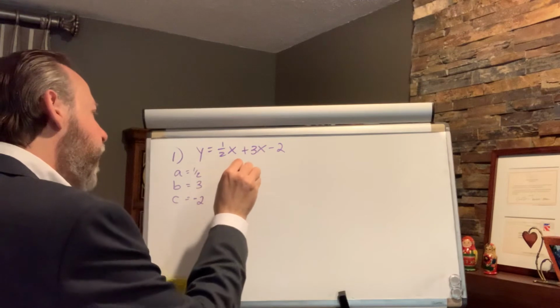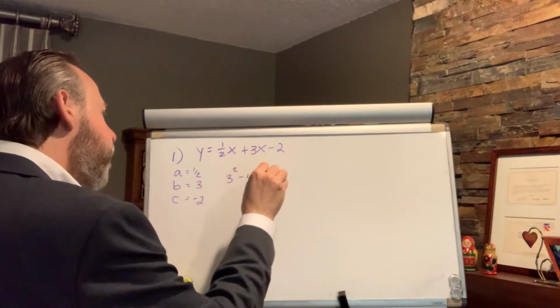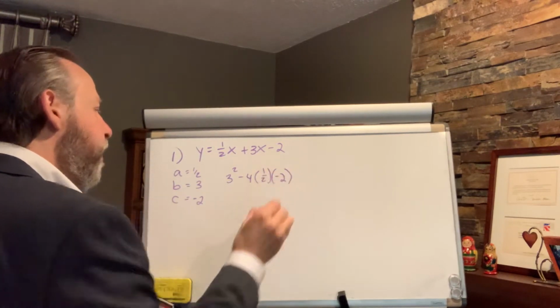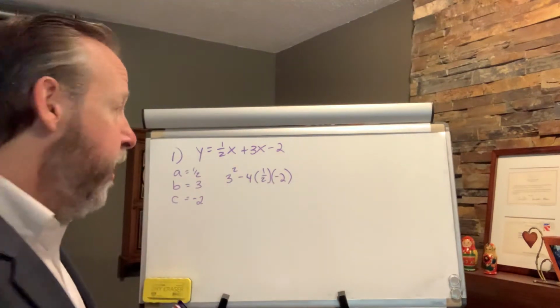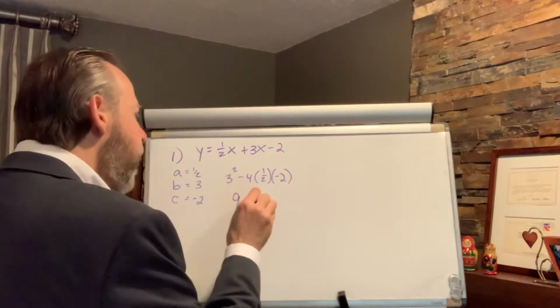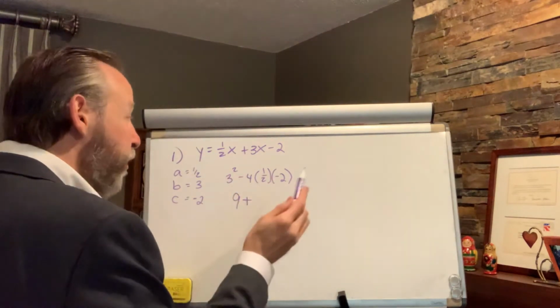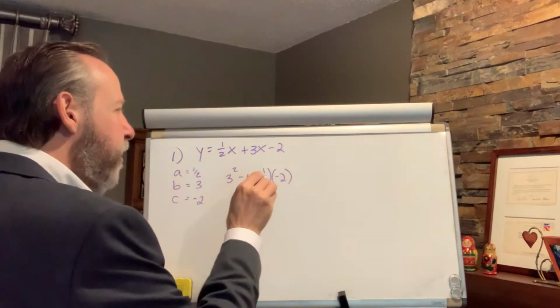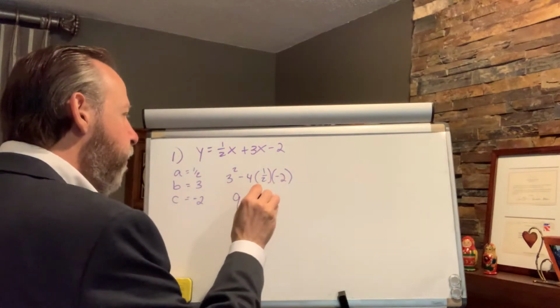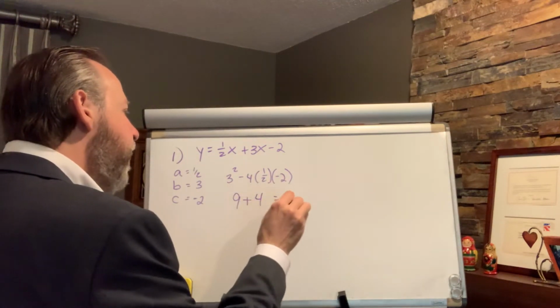So b squared minus 4ac is 3 squared minus 4 times 1/2 times -2. That's 9. Now, negative times a negative is a positive number, so plus what? Well, 4 times 1/2 is 2, and 2 times 2 is 4. So that gives us an answer of 13.